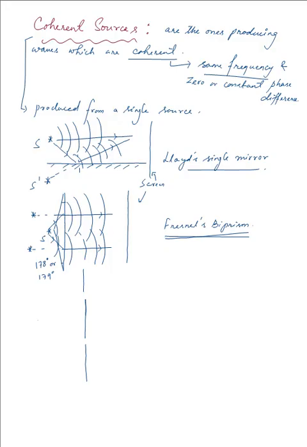So this is more or less the source from which the wave fronts, following Huygens principle, will be considered at those two slits, S1 and S2.